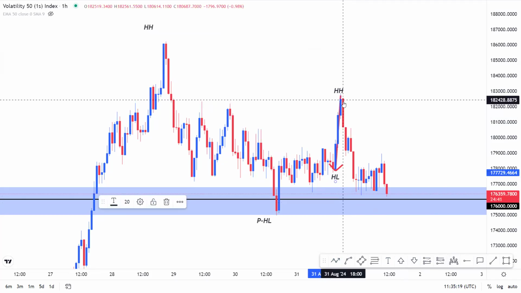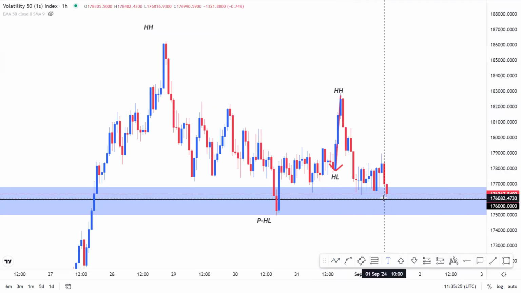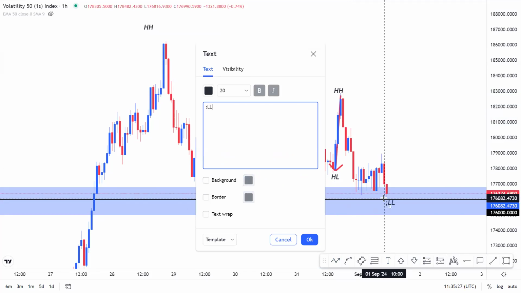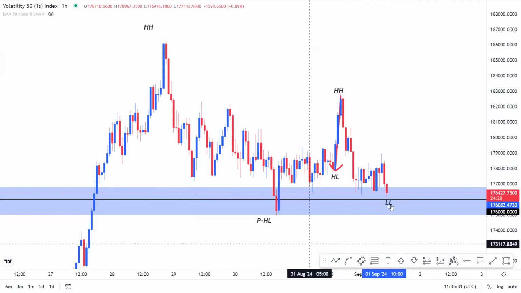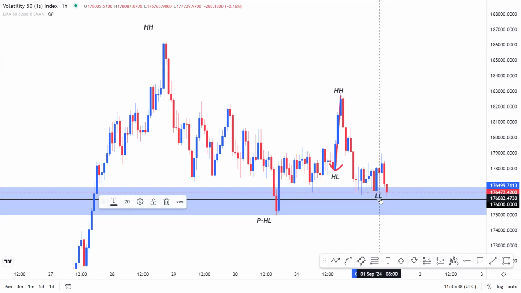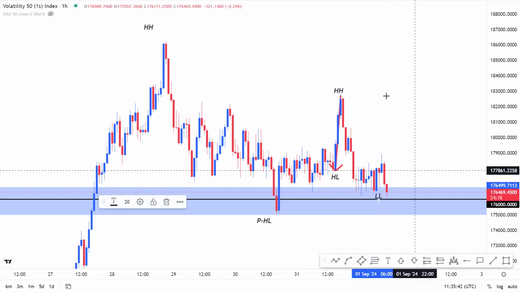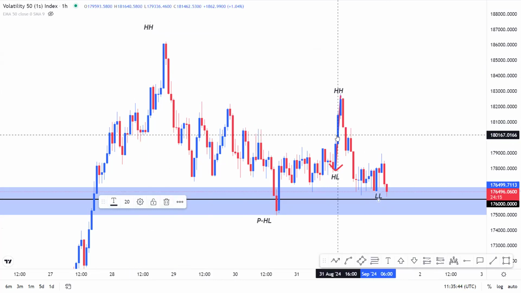You can see currently price is trading way below the higher low. So price is giving us what? Lower lows. I hope this makes it much simpler to identify the market structure in a complicated accumulation phase, just like we have right about here.